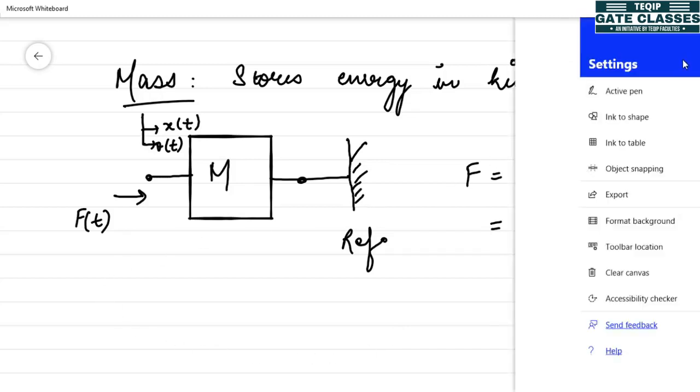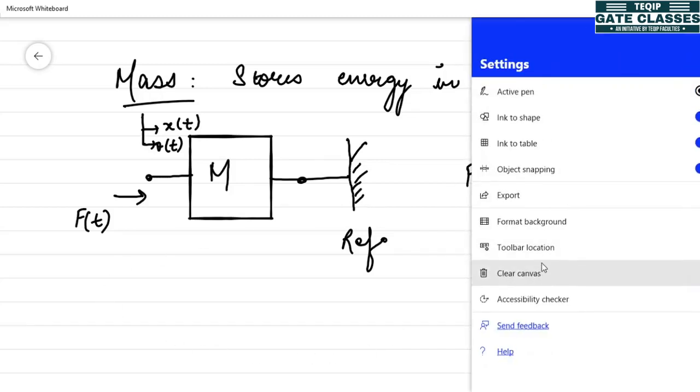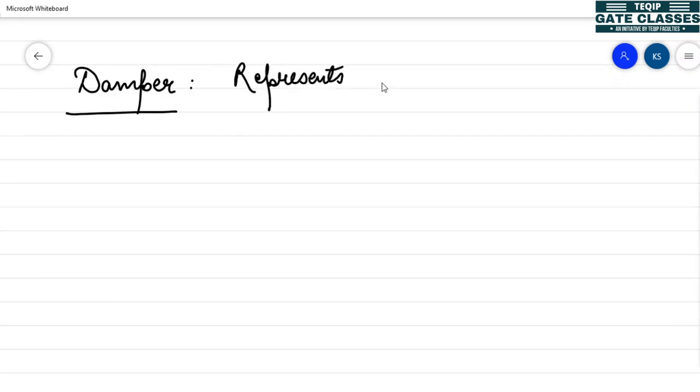The next element I am going to take is damper. So damper is the element which represents friction in the system.